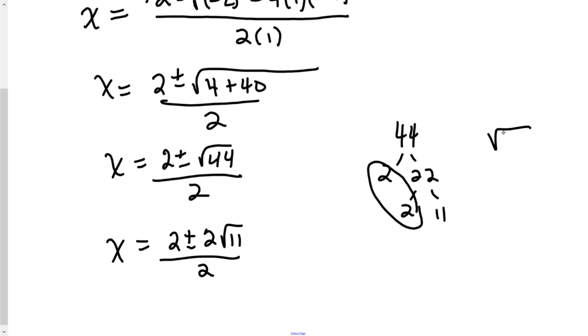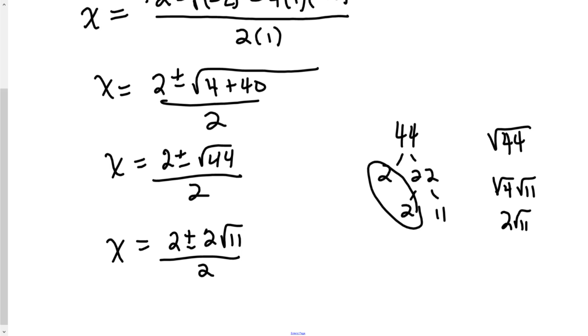So what I'm saying is that the square root of 44 is equal to the square root of 4 times the square root of 11, or 2 root 11. So this 2 that was a pair comes out. It's a perfect square factor, and the thing that's not paired up with anything, the 11, stays inside.